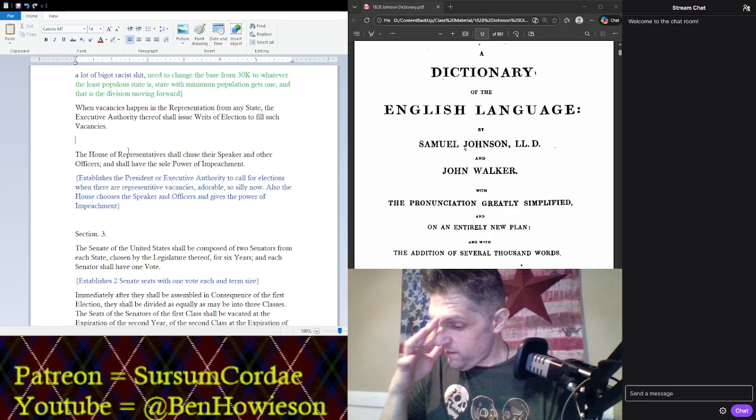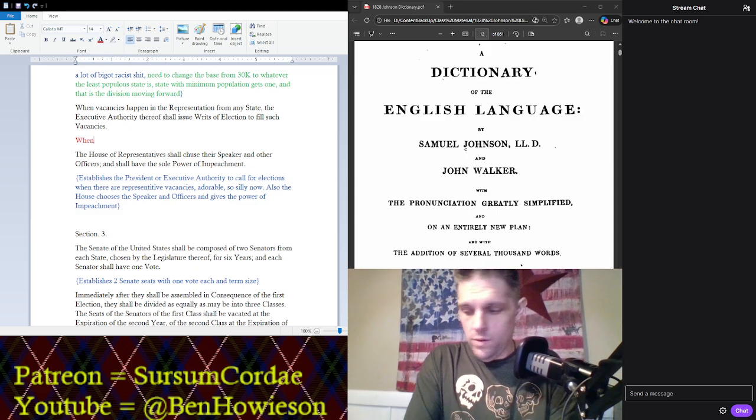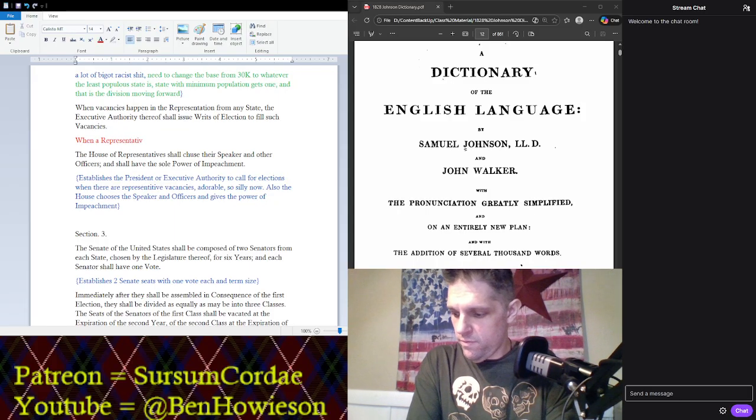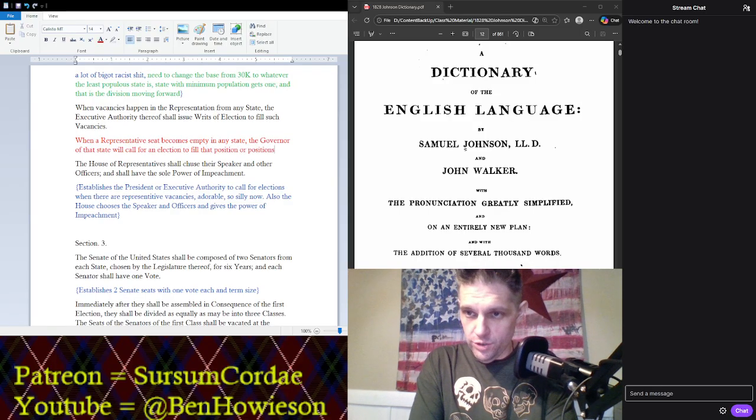So what we're really looking at is when a representative seat becomes empty in any state, the governor of that state will call for an election to fill that position or positions.